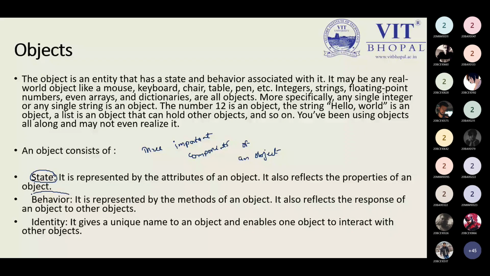I'm speaking once again, please keep in mind for the examination purpose. State is also represented by attributes, and behavior is represented by methods. Method means the function. I'm writing here for notes purpose. Identity means the name of the object, or what enables interaction with the object.